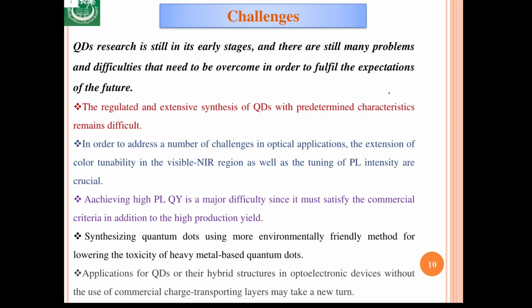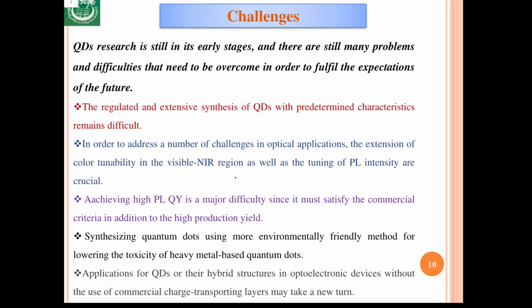Although quantum dots have been used as a promising material for numerous prospective applications due to their exceptional structural qualities, quantum dot research is still in its early stages, and there are some problems and difficulties that need to be overcome in order to fulfill the expectations of the future. Some of them are listed here. The regulated and extensive synthesis of quantum dots with predetermined characteristics remains difficult.